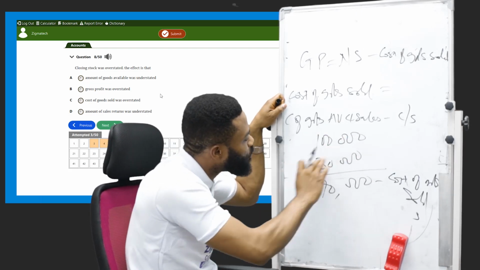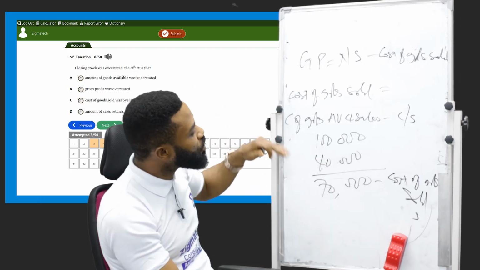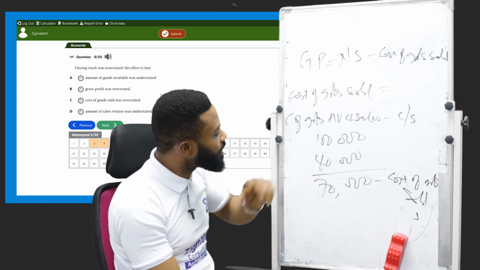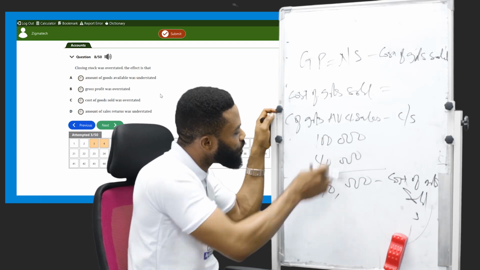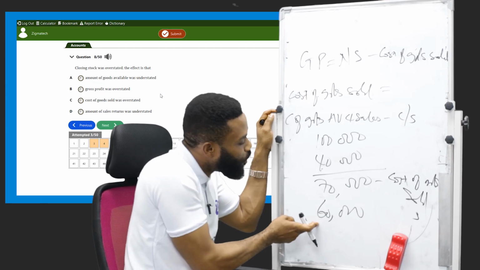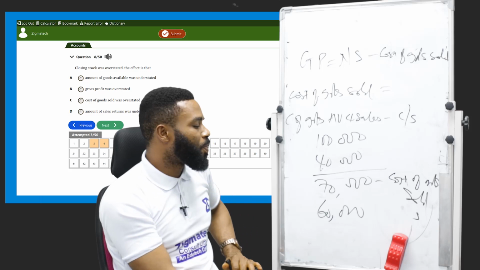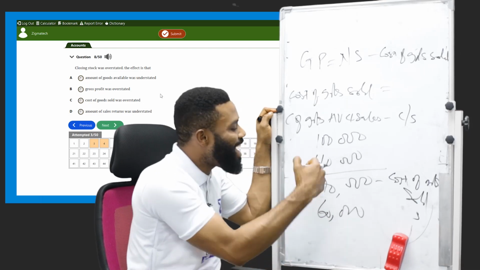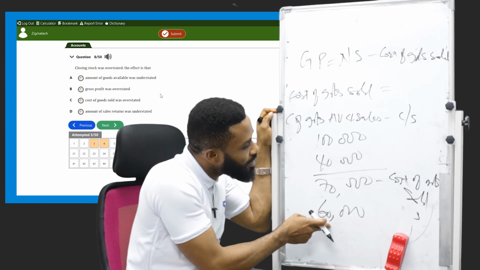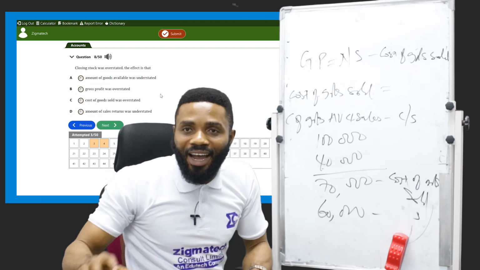Let's assume it was overstated to 40,000. If you subtract this from this, you are going to have 60. Again, 70 is what you are supposed to have, so this is an understated figure. Because this figure is less than the original figure, your cost of goods sold is understated. That is the right answer.